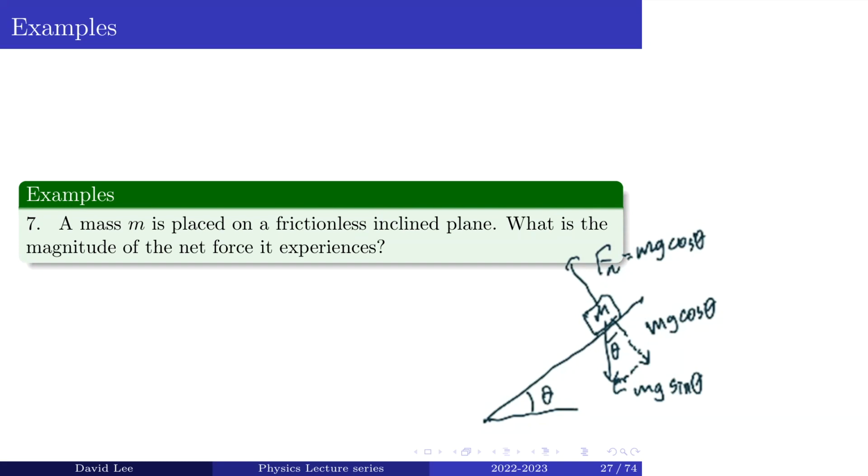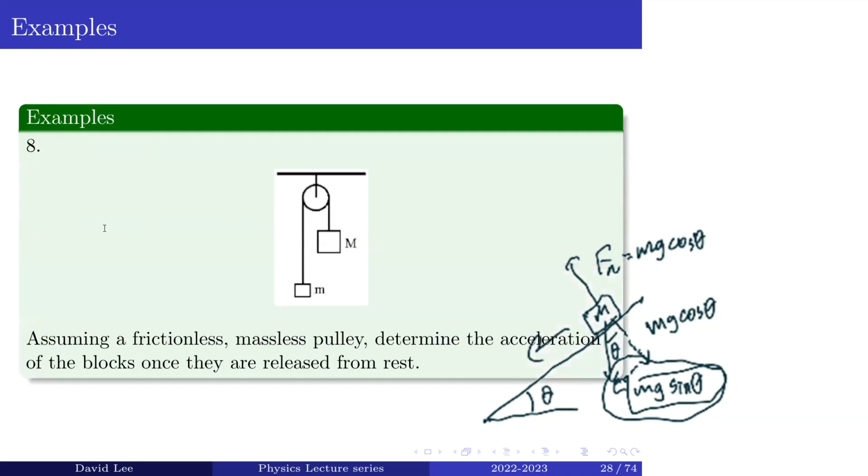So what's left over is just this component along the plane. And so that's our answer. Mg sine theta is the net force, and it goes down the plane. Okay. Cool. Now let's move on to another problem.